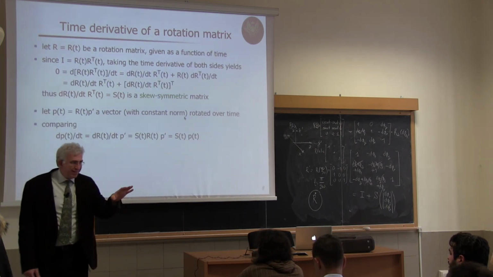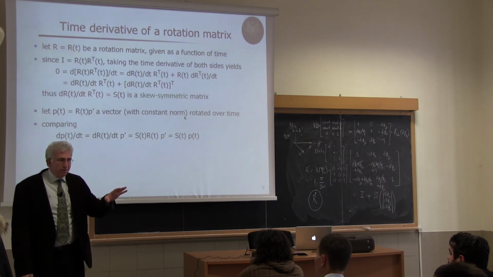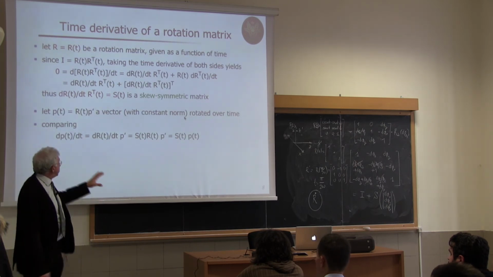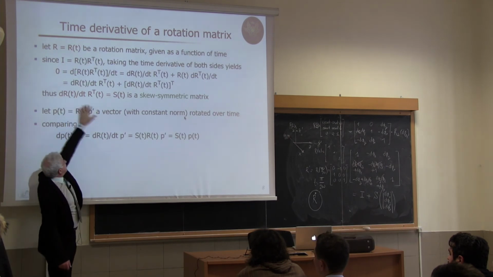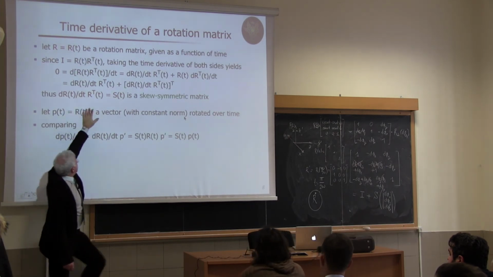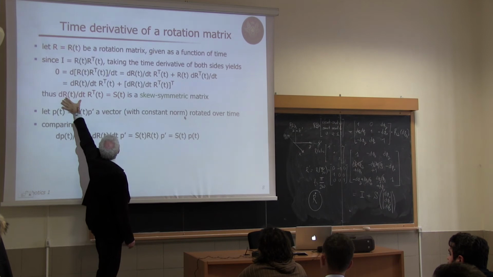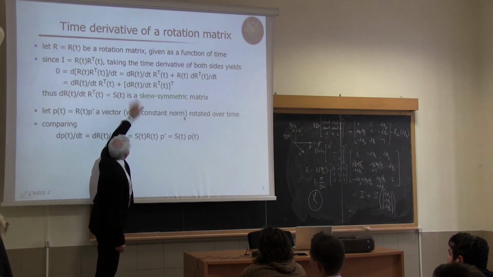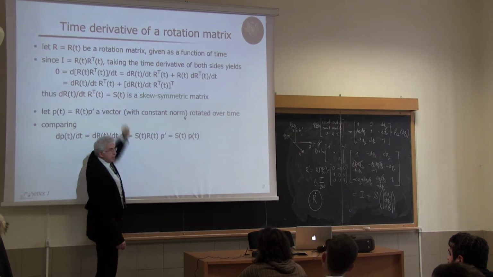Did I lose you? Is this passage clear? So I have this identity. Then I multiply by R, so this is equal to S of t times R, because this is eliminated.